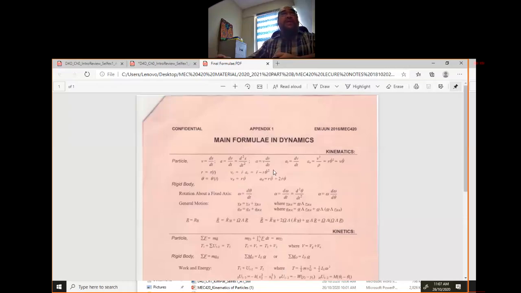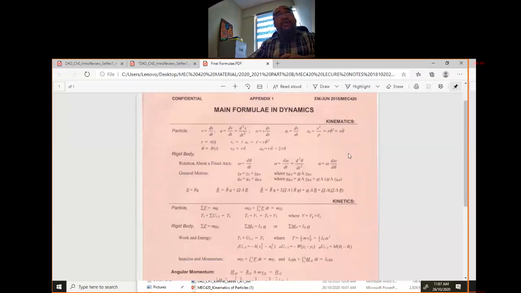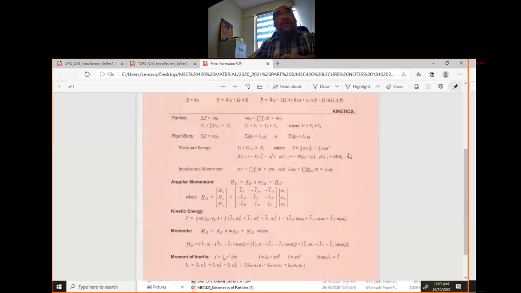Usually in a test or final test, because this is COVID, you can open any book. But anyhow, this is our scope. These are the formulas that were given to all previous students during the final.